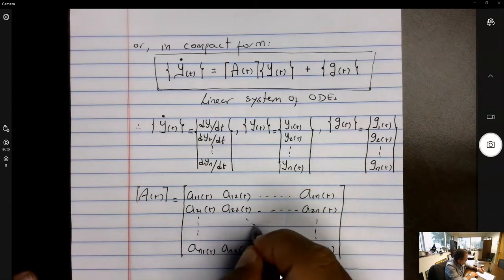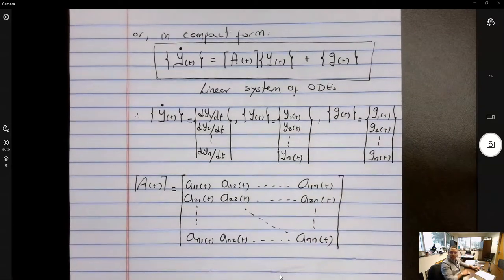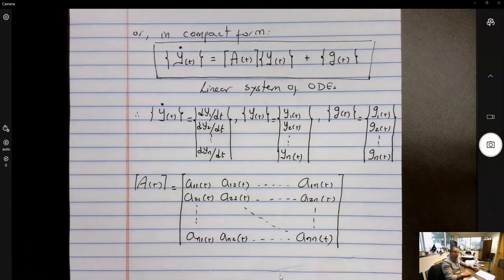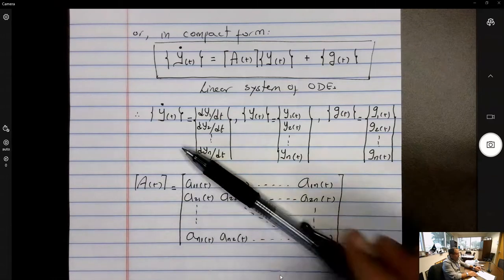And you can see the diagonal here. By the way, not all of the elements in this matrix need to be different than 0. If this matrix is diagonal, meaning that all the off-diagonal terms are 0, then the system is not coupled. Then you can solve each equation individually, because basically dy1 with respect to time will only be a function of y1, dy2 with respect to time will only be a function of y2. That's only if this matrix is diagonal.